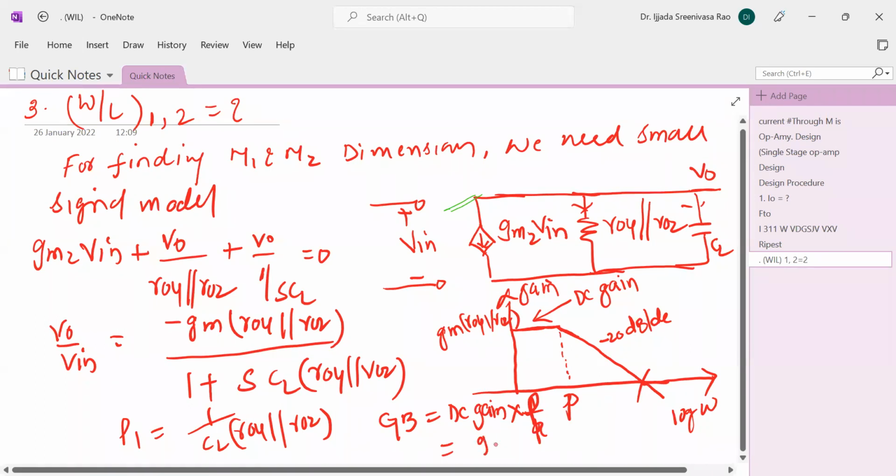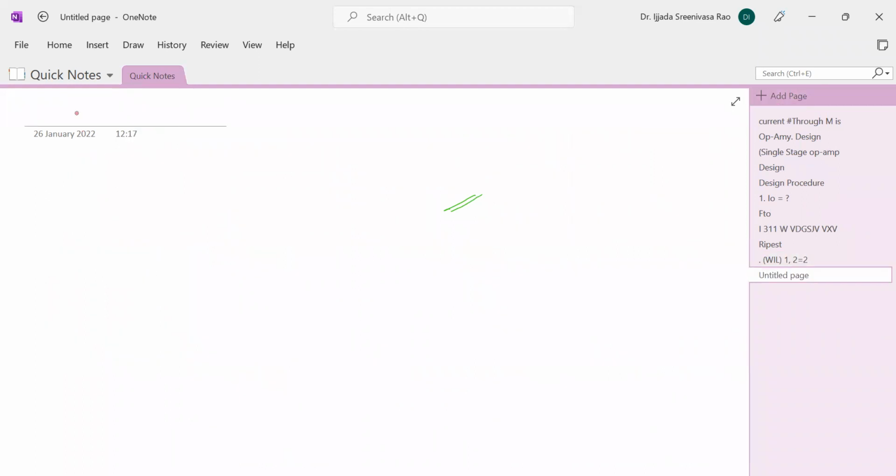GM into R04 parallel with R02, multiplied with the pole, 1 by S into CL into 1 by CL times R04 parallel with R02. Then this and this get cancelled. What remains is the gain bandwidth product, GM by CL. Got it? Yes, sir.